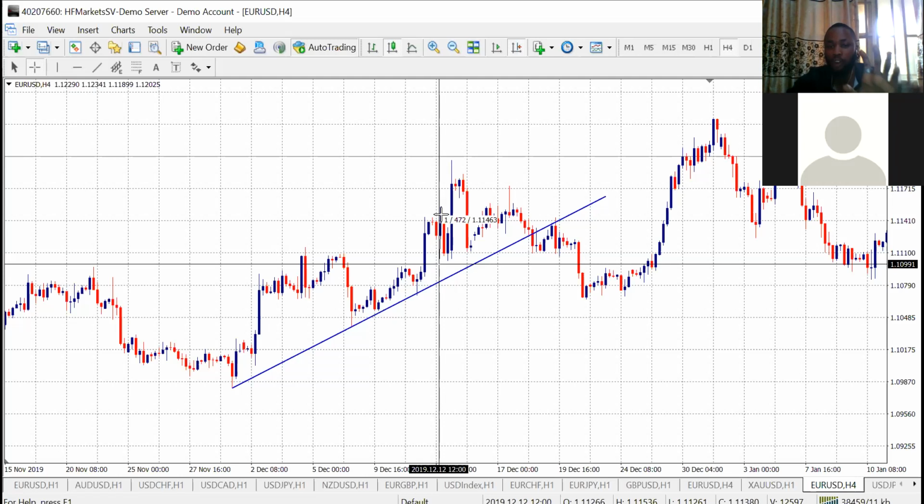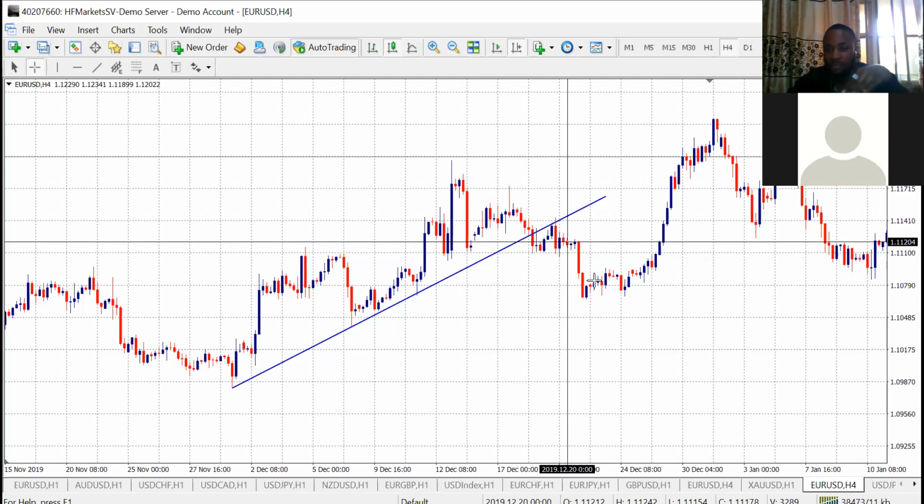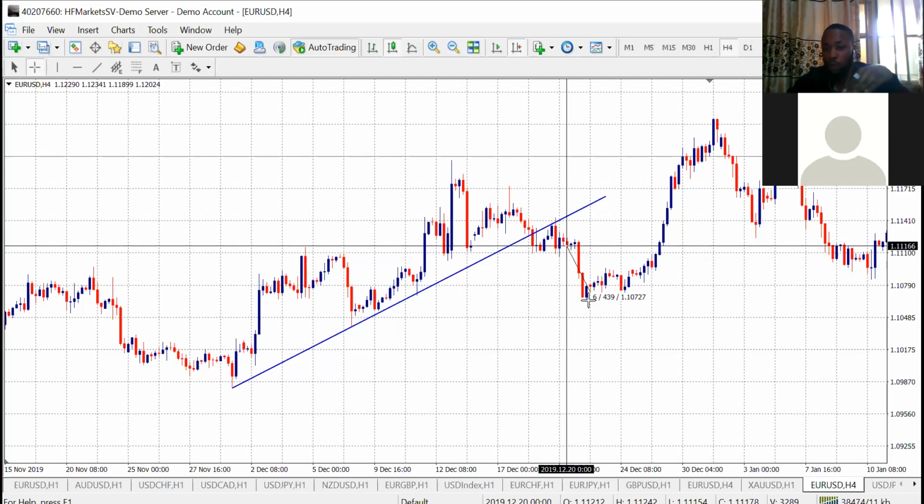But your focus should be on your trend line. That means you have to put your stop loss a little below your trend line. And you can see what happened next after this trend line was broken. The market sold a little to some points, so about 50 pips also.